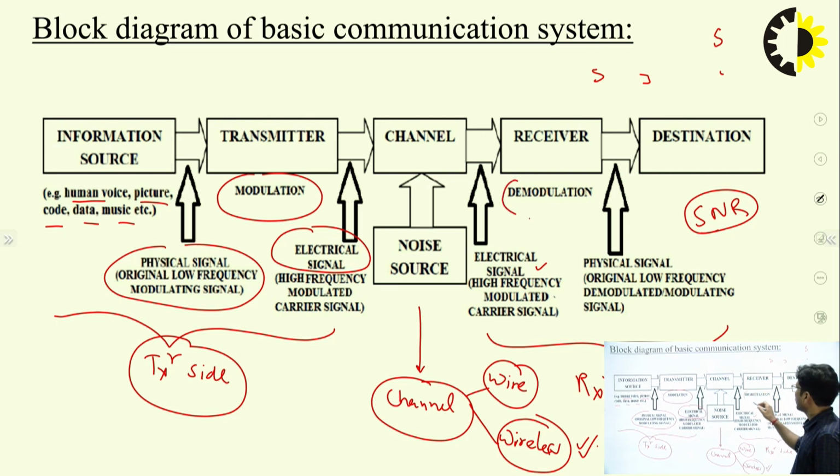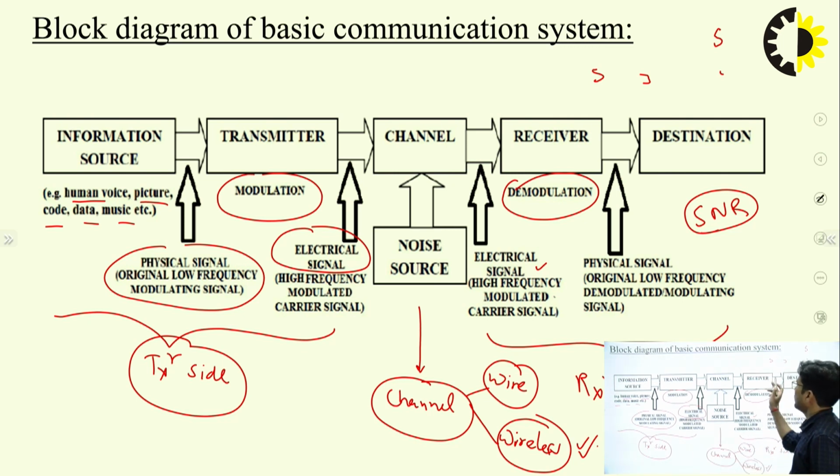And because we are receiving the electrical signal either from the wire media or wireless media, this electrical signal has to be converted into the physical signal, and that is possible with the help of the receiver transducer which is inbuilt into the receiver, and the same physical signal which we have at the transmitter side will reach the destination.